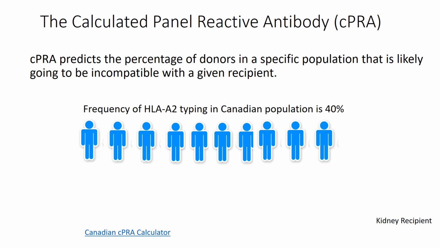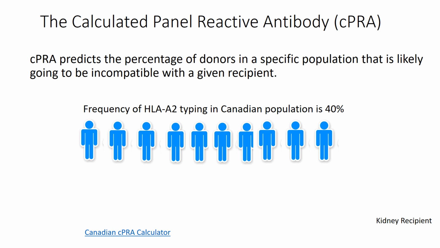And CPRA actually predicts the percentage of donors in a specific population that are likely going to be incompatible with a given recipient. So how is this calculated? It's calculated based on the allele frequency of specific HLA alleles in the population. I don't want to get so complicated, so I'm going to explain it briefly now.